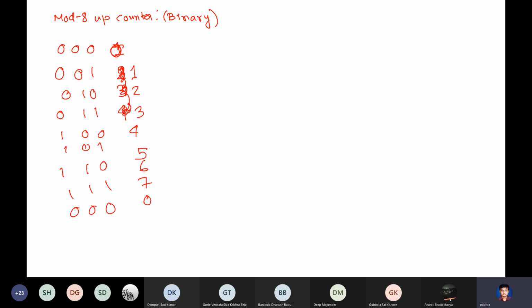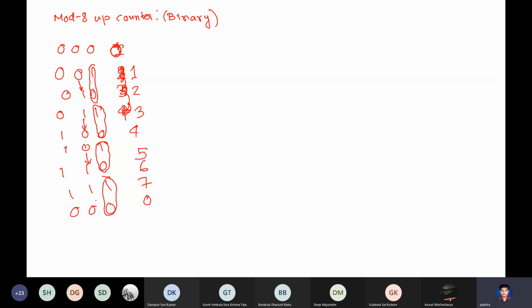Notice one pattern. If we look at the least significant bit, whenever it goes from 1 to 0, only then the next significant bit makes a transition. So let's find the 1 to 0s. This is a 1 to 0 transition. This is a 1 to 0 transition. This is a 1 to 0 transition. You see that this has flipped. Here this has flipped.